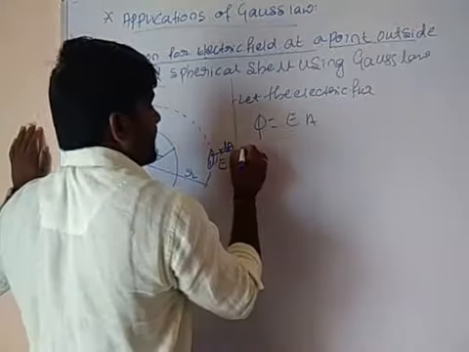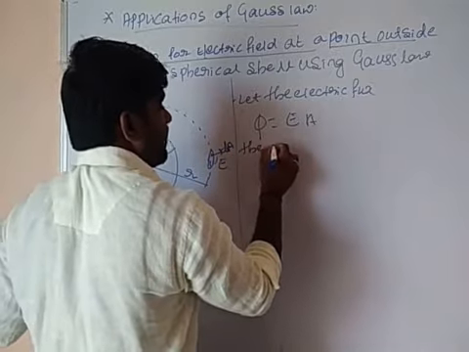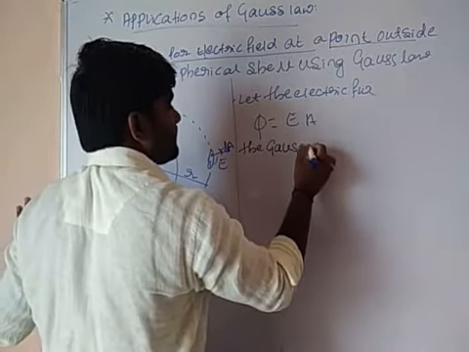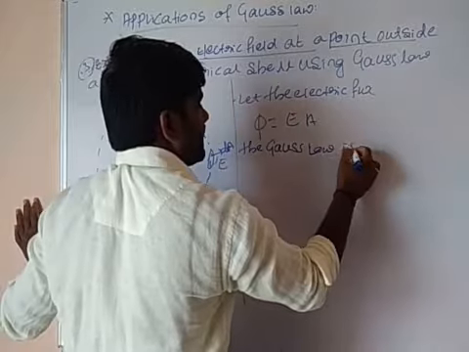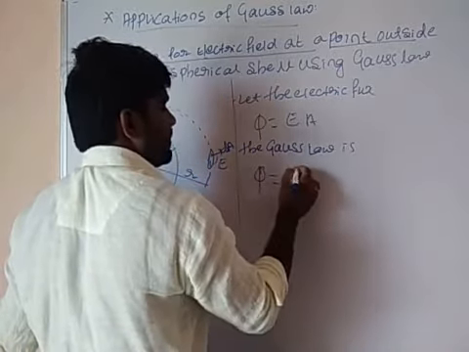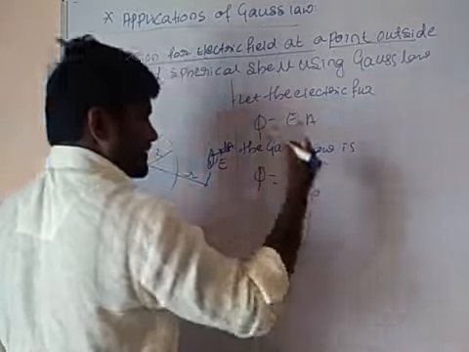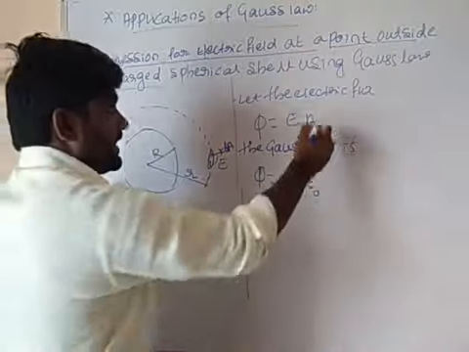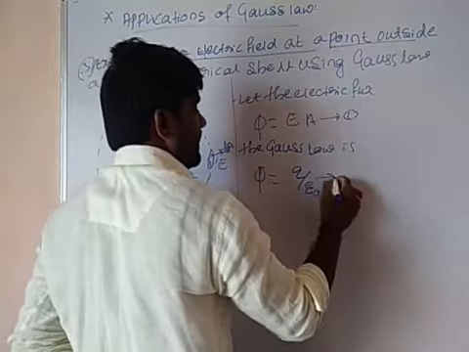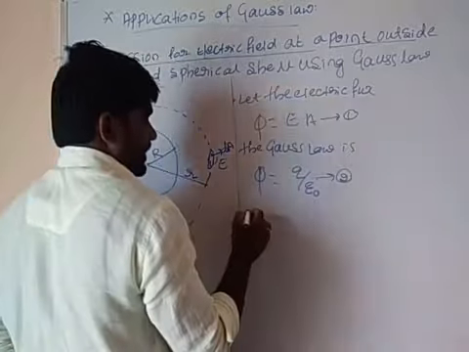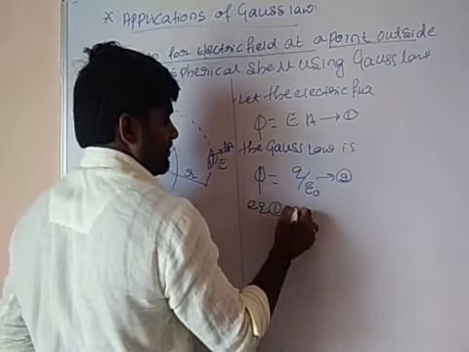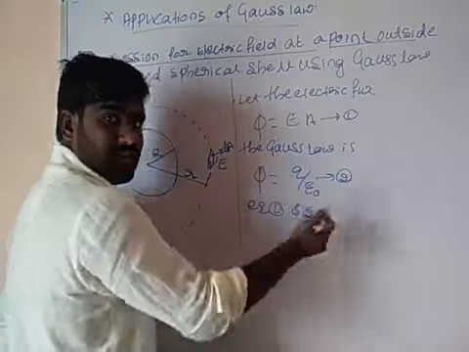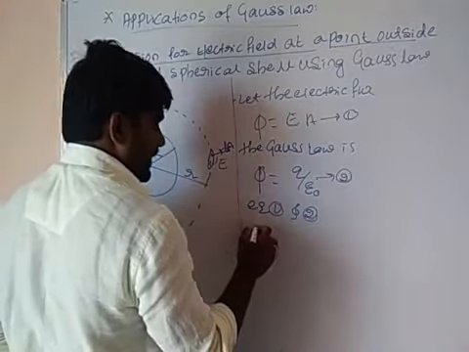Then the Gauss law: phi is equal to Q divided by epsilon naught. Let us call this equation number 1 and this equation number 2. Equate equation number 1 and 2. Then what are we getting?